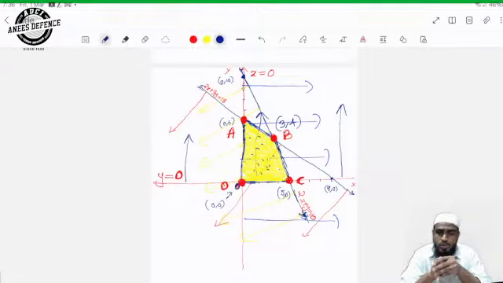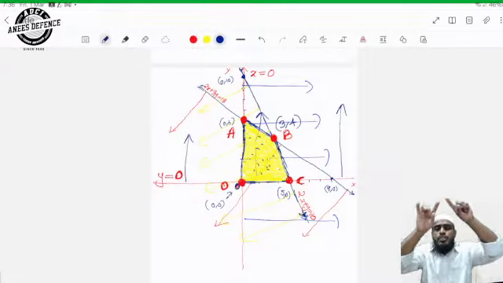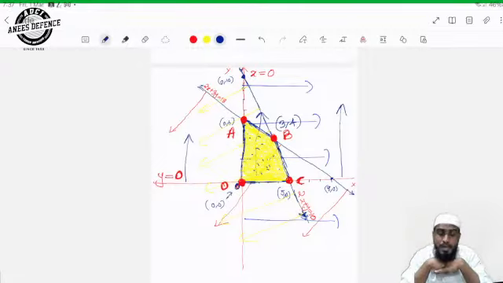We will consider that common area as the feasible region. Any point in that feasible region is known as a feasible solution. There are infinite numbers of points in this yellow region, so infinite feasible solutions are there.